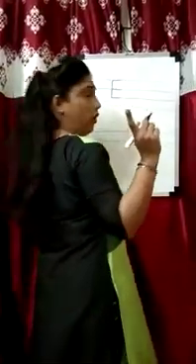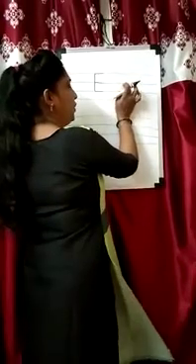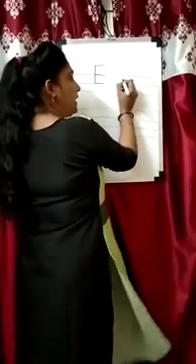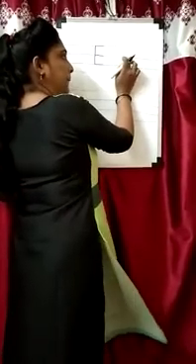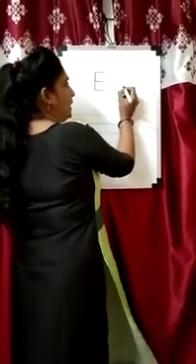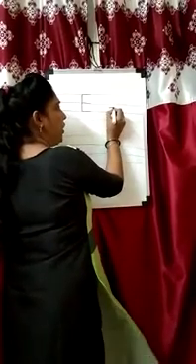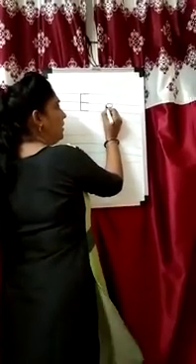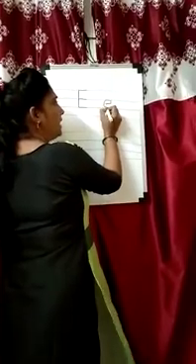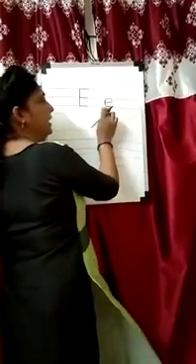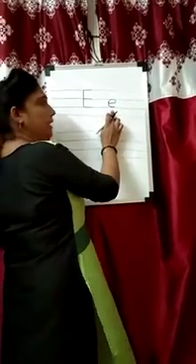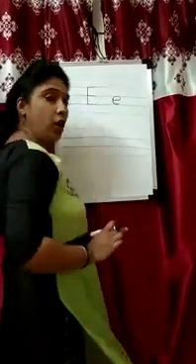How can we write small e? First of all, you draw a small sleeping line in between the blue lines, and draw a right circle. See kids, this is small e.